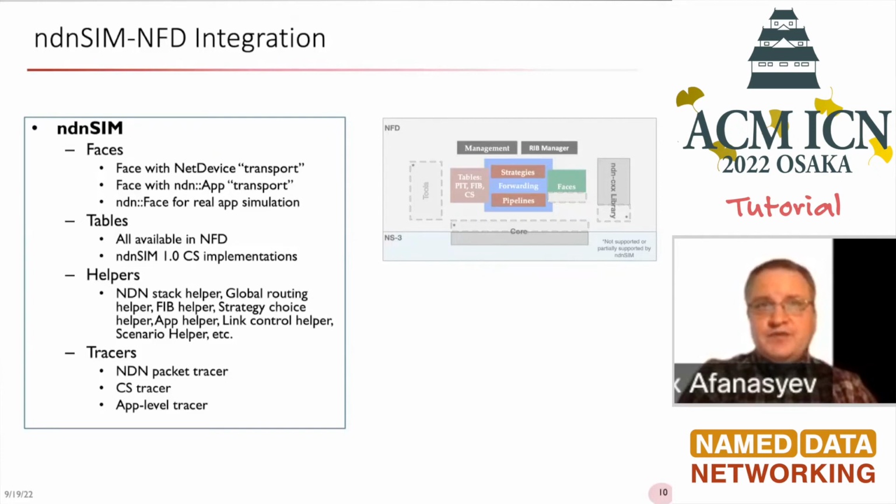In order to facilitate forwarding inside this simulation scenario, we have a global routing helper that can pre-calculate the routes and pre-establish some of the routes if that's your choice. You can directly deal with the FIB using the FIB helper, basically registering specific routes on specific nodes to specific locations.